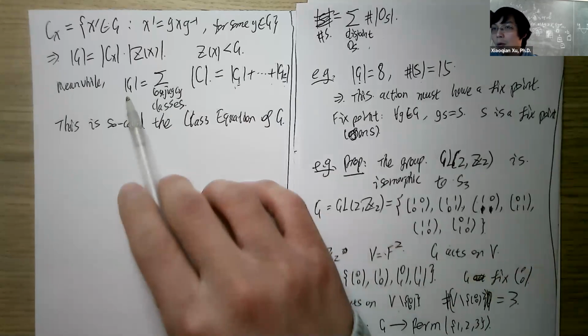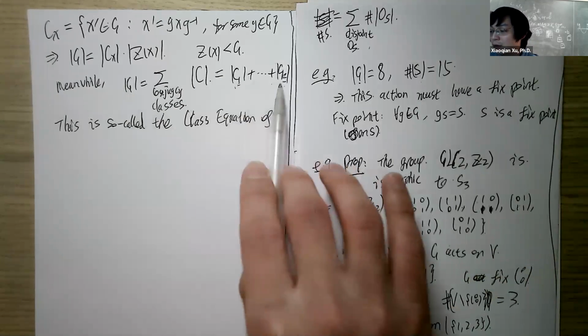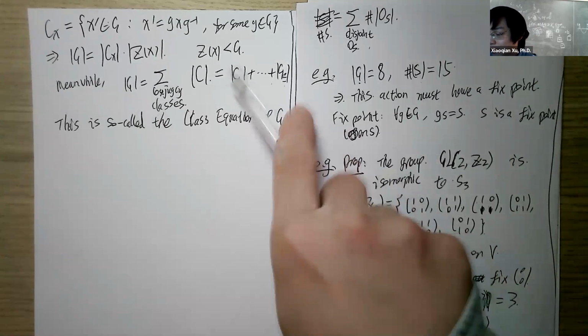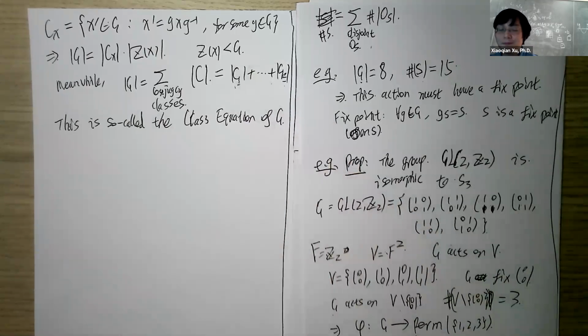The order of G equals the sum of the sizes of the conjugacy classes.